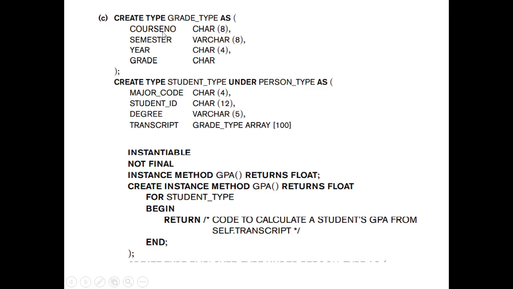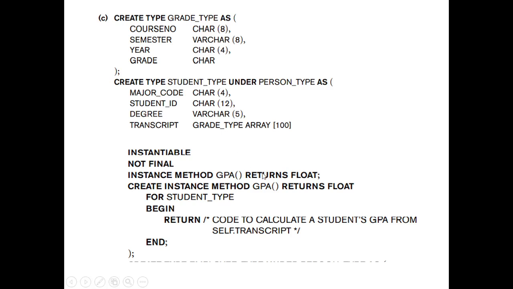Here we are also creating type grade_type, which has course number, semester, year, grade. Then create type student_type under person_type. So this student inherits person_type, and it will have major code, student ID, degree, and it is instantiable, then not final, which means subtypes can be created.